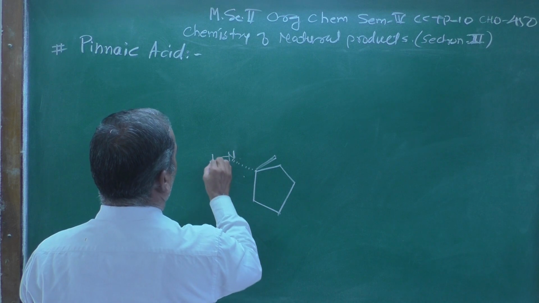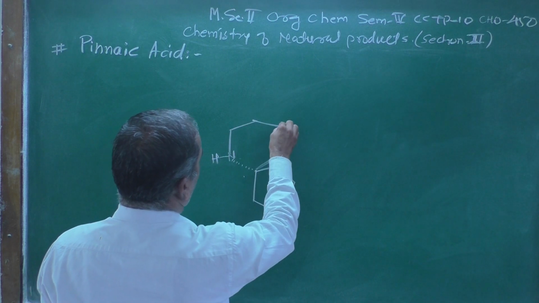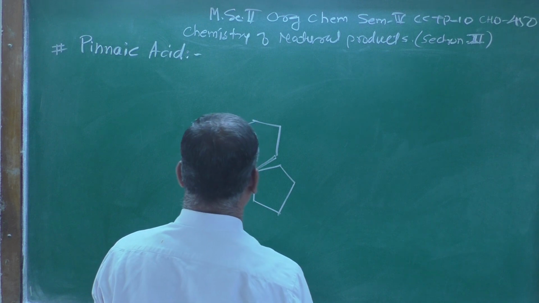Here is a hydrogen atom, and this is a 6-membered ring attached over here.